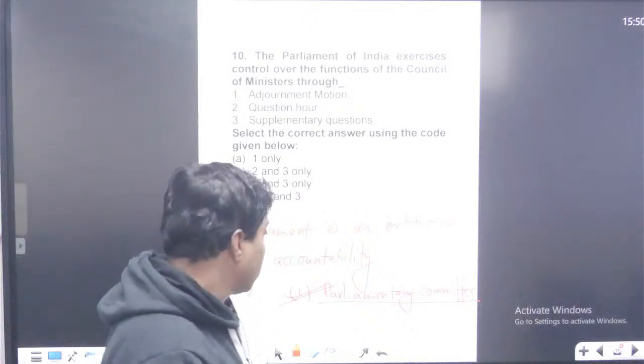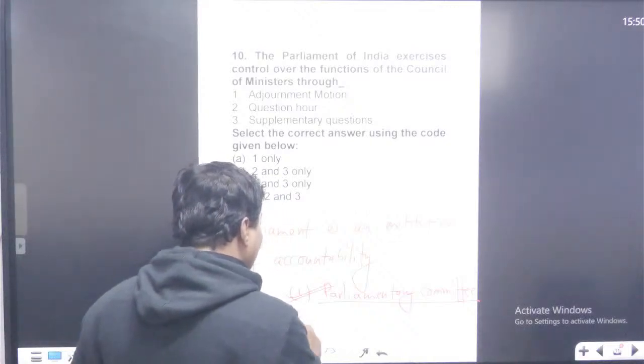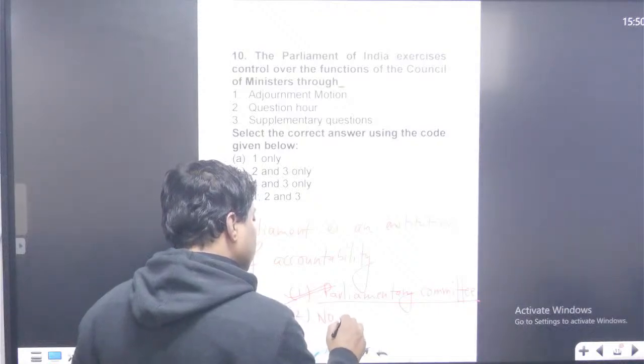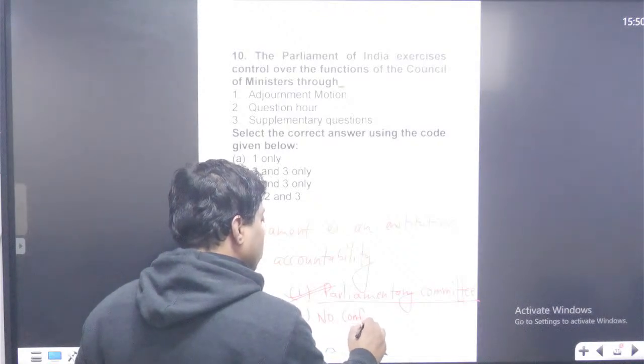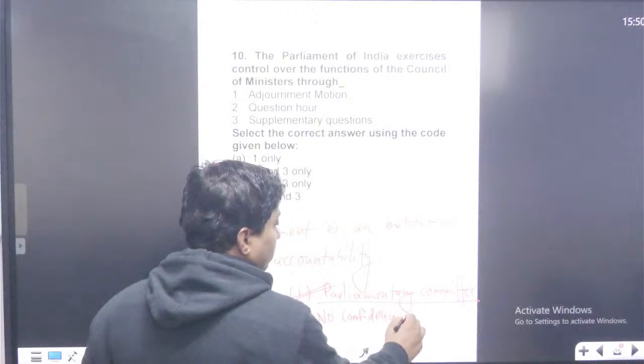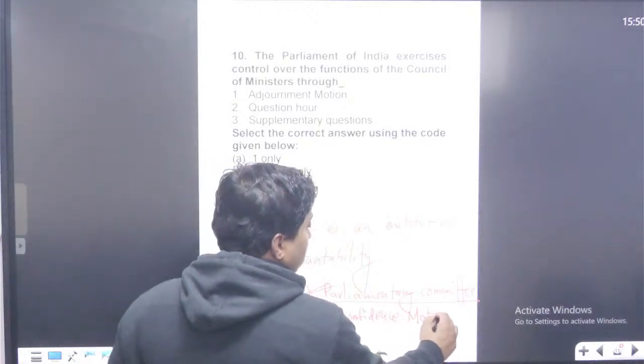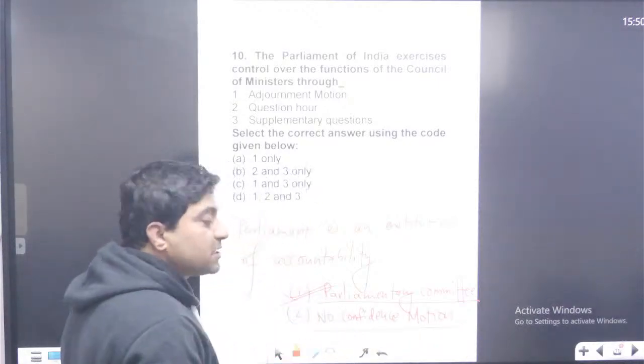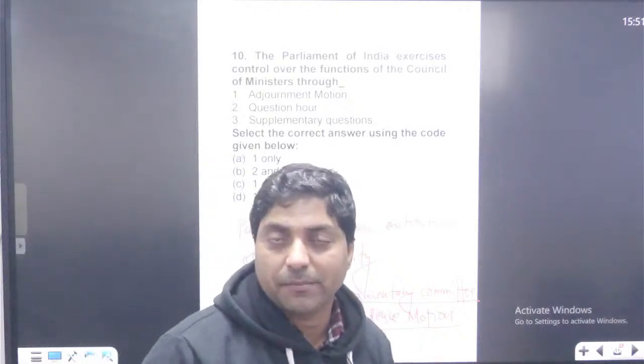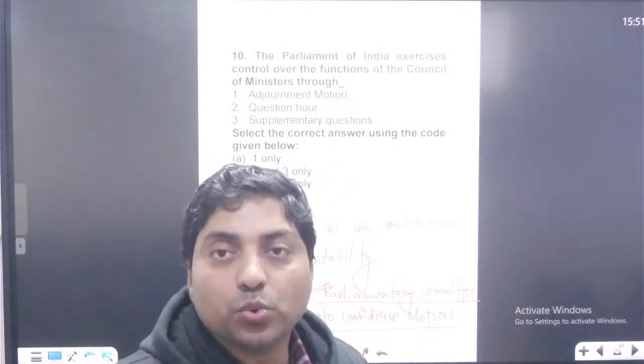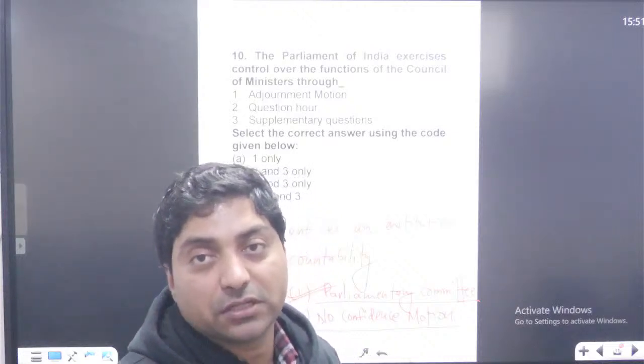Secondly, the no confidence motion is the second tool that Parliament has to ensure accountability of the government.